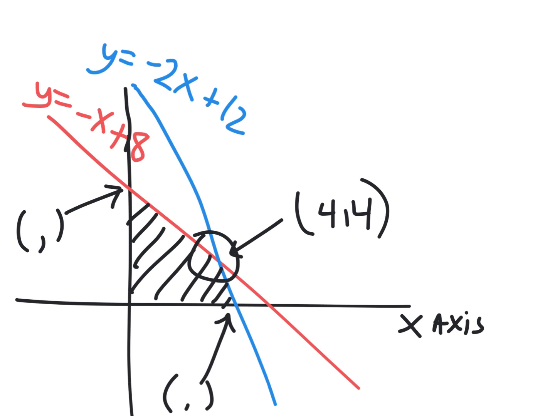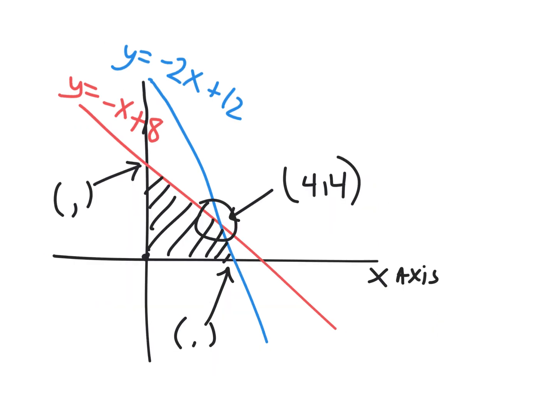We all know this is 0, 0, so I'm not even saying it, but you should be able to find the other 2 vertices. On the x-axis, along this line right here, you would set y equal to 0, because the x-axis is where y equals 0. So if I wanted to know this spot right here, where the blue one touches the x-axis, at that moment y is 0.